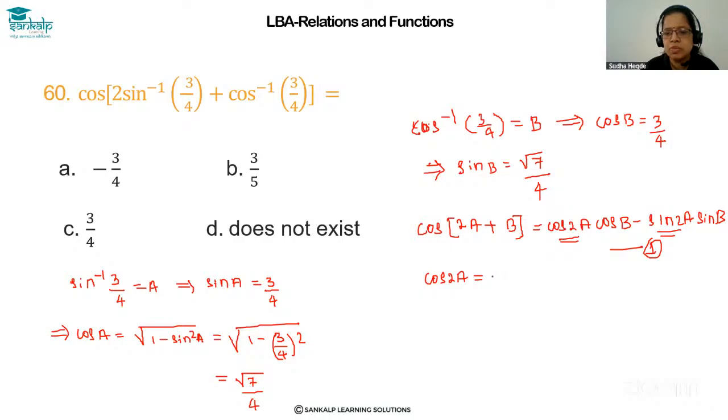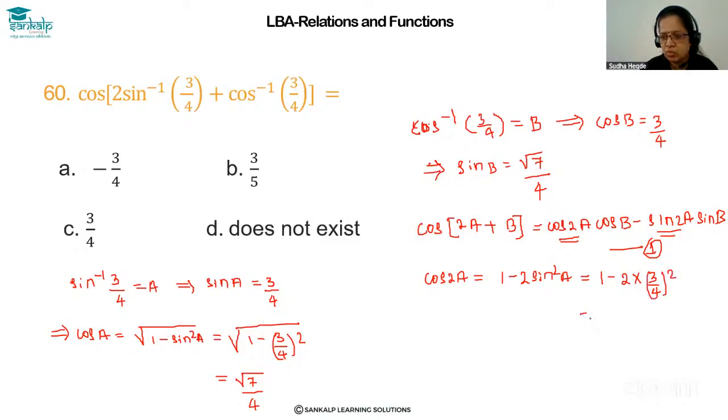A is 3 by 4. So you take this. Cos 2A is equal to 1 minus 2 sin square A. So it is 1 minus 2 into sin square A is 3 by 4 whole square.